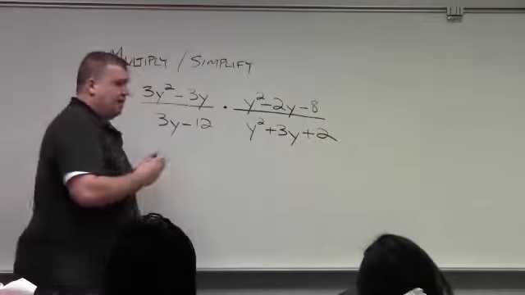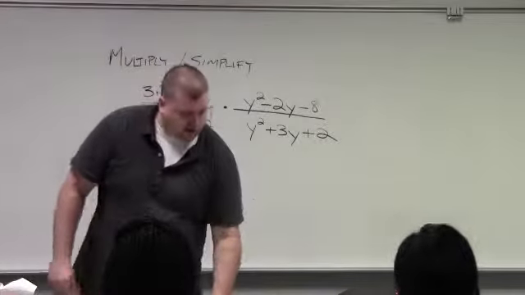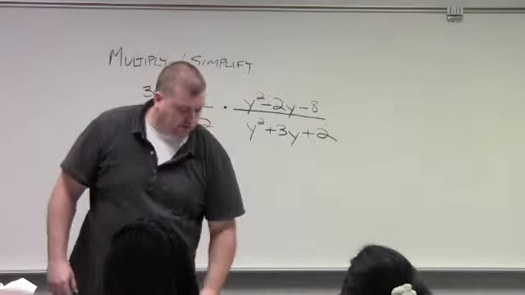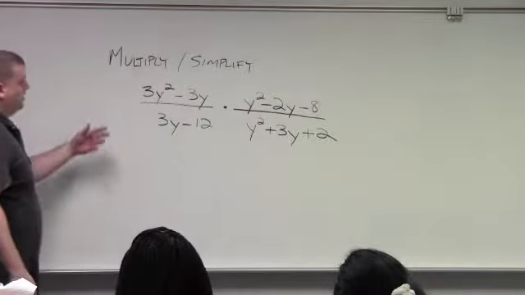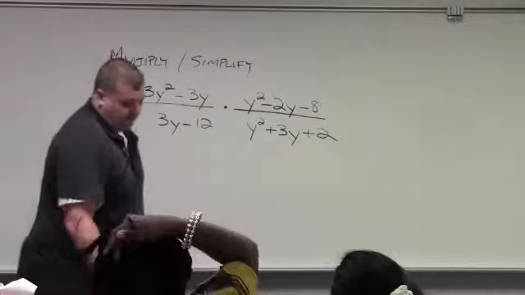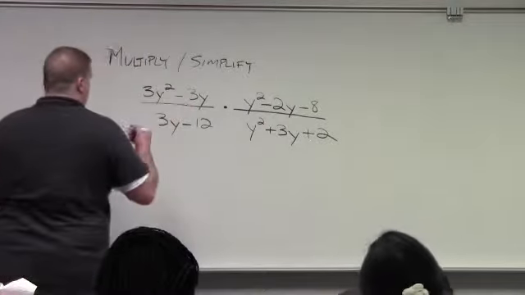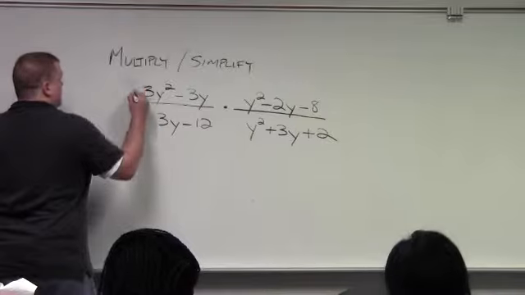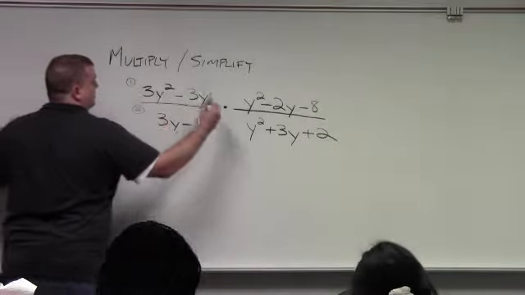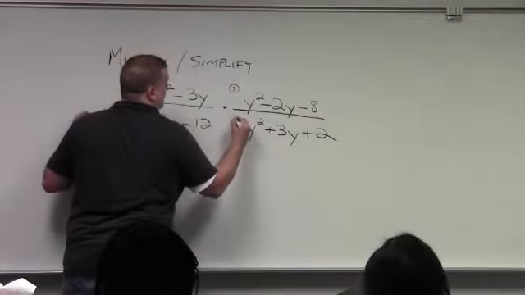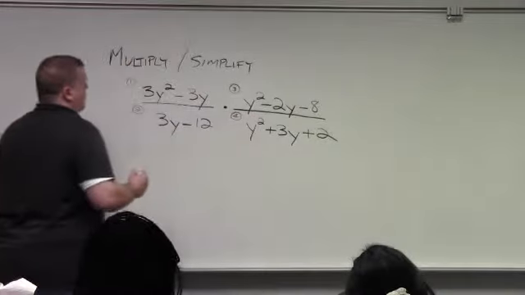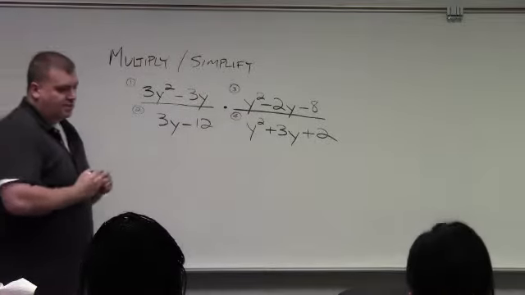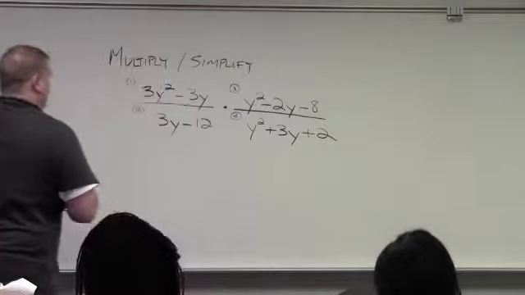Okay, so let's read over the directions again. It says, completely factor all the numerators and denominators, if necessary. In this case, we do have a lot of factoring to do. Let's organize our information. 1, 2, 3, and 4. And off to the side, let's work those out.